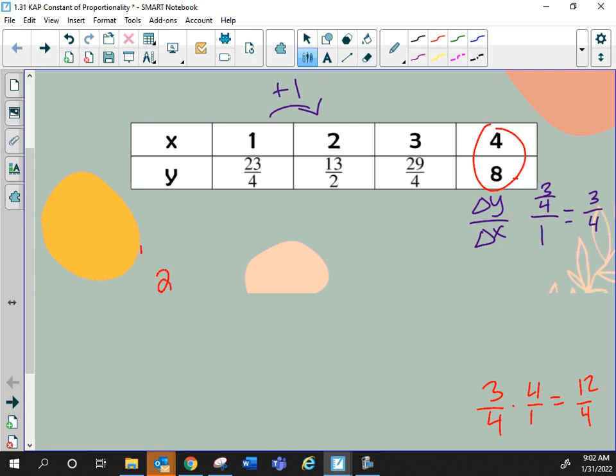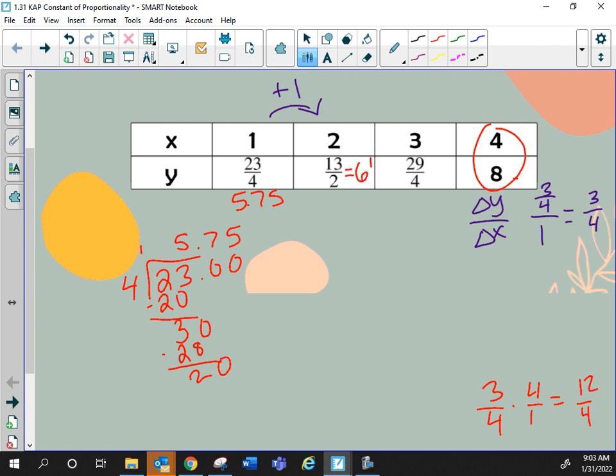But if I turn fractions into decimals, do y'all remember how to do that? Top in, bottom out, very good. 23 divided by 4, so that goes in 5 times. Gives me 20, I'm left with 3. Decimal, 0, 0. Goes in 7 times, 28, 2, 0, 5. And you get 5.75. And then I would honestly say in my head this is the same as 6 1/2.